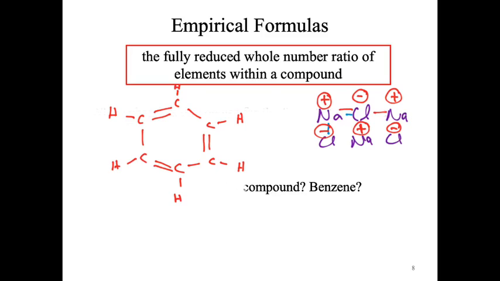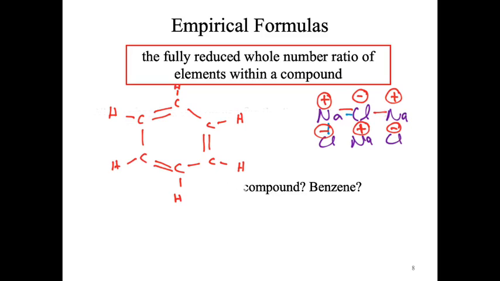When we move to a compound like benzene, what's the difference in electronegativity? The difference in electronegativity between carbon and hydrogen is very, very small. It is so small that we reference that as a non-polar bond. There's no charges associated with it.